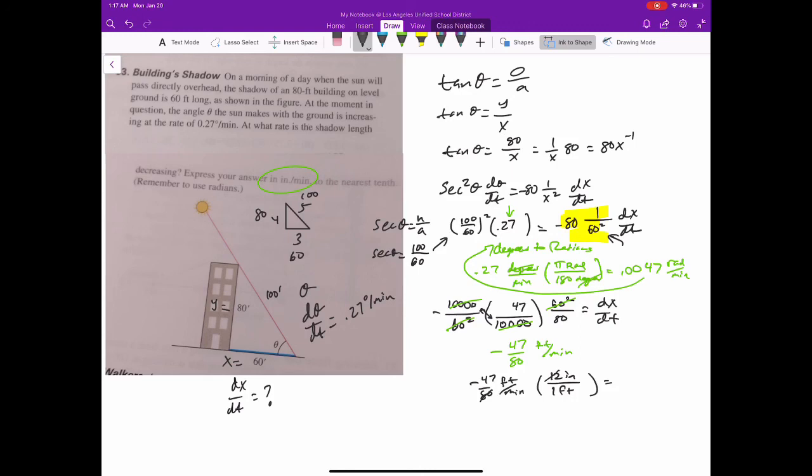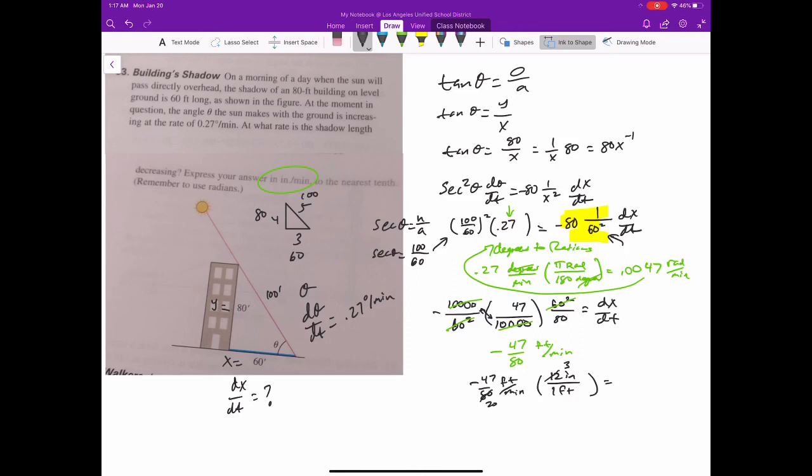So it'll be 6 times, divided by 4. So it's 3 times, this is 3 left. This is 20.